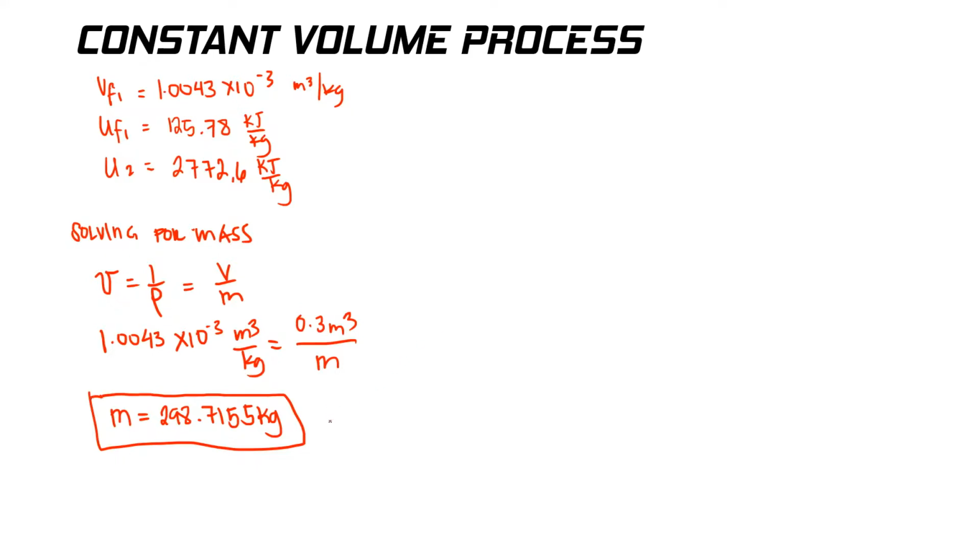After finding the mass, we can now solve for the heat energy needed to reach the temperature and pressure at the second state. Q is m times the change in internal energy.